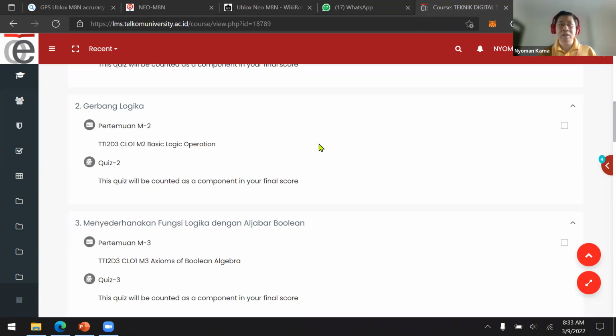So we're not going to use the BJT, the bipolar junction transistor, but we're going to use the FET, field effect transistor, and also what we call TTL, transistor logic. Okay. And now we're going to discuss the logic function and how to simplify this logic function using Boolean algebra.